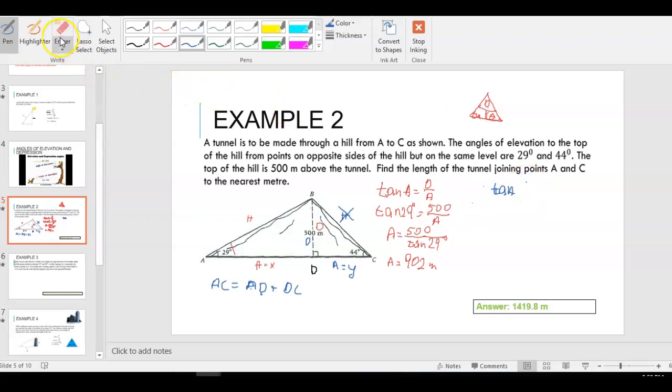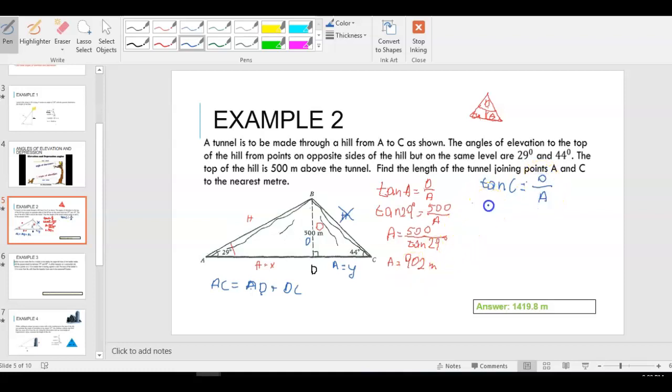Let me erase this. Okay, tangent of angle C equals opposite over adjacent.